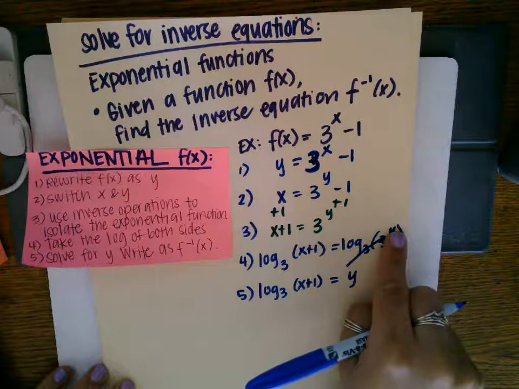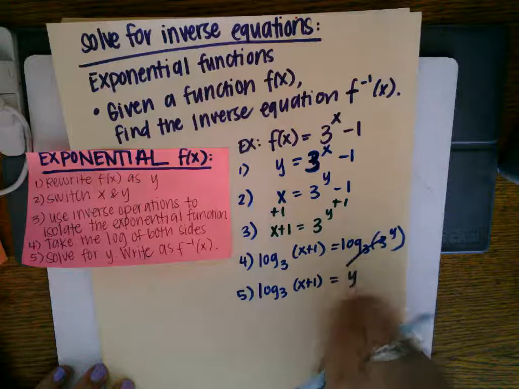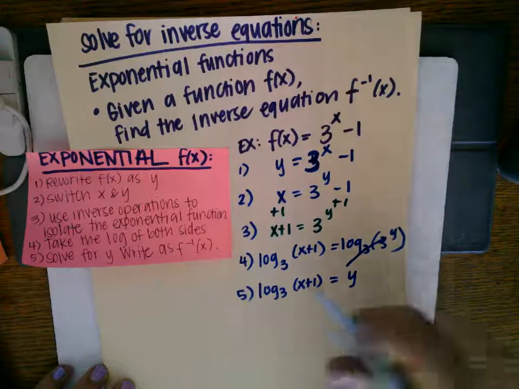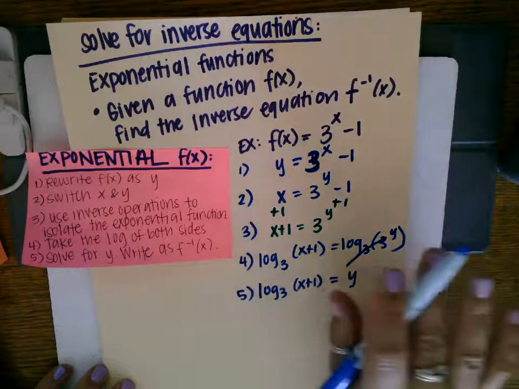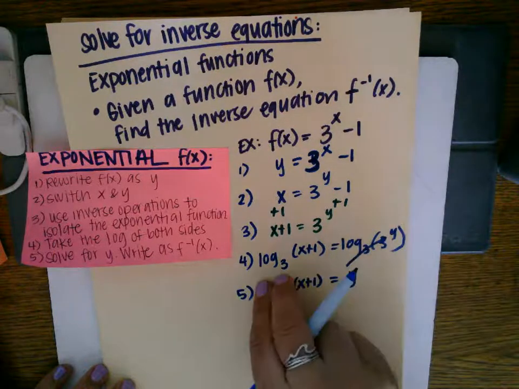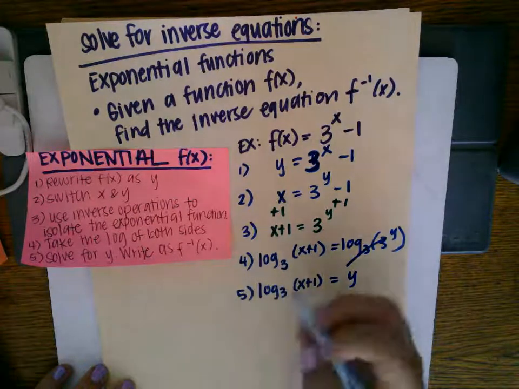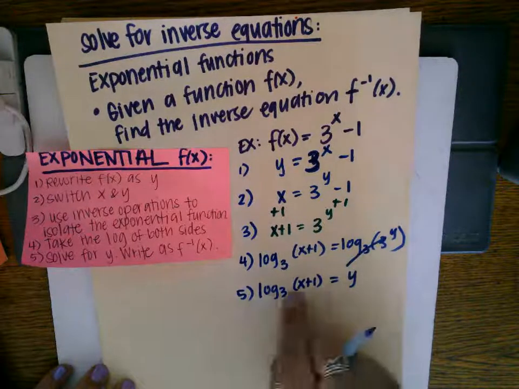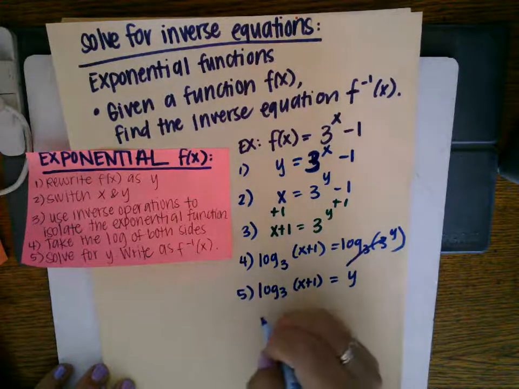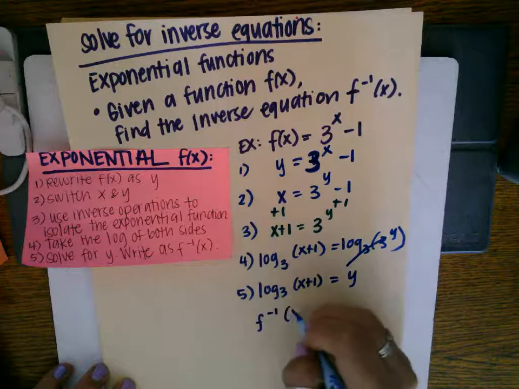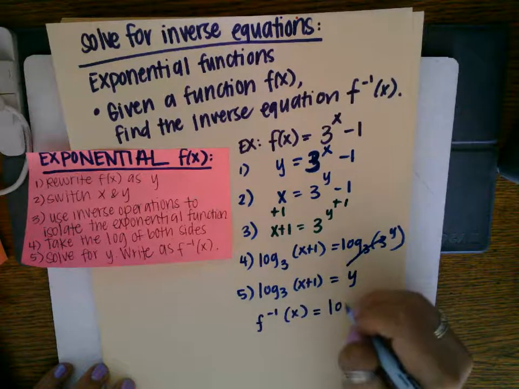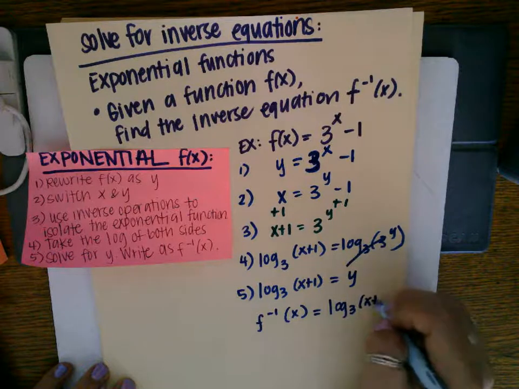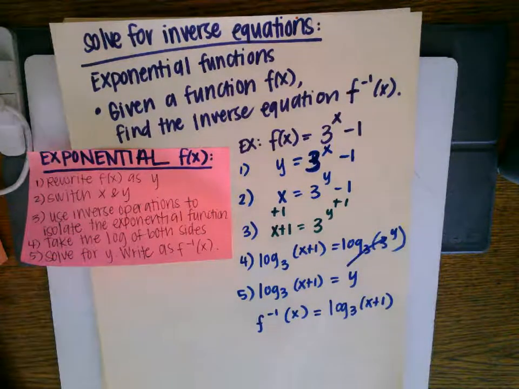If there were any other steps needed to solve for y, like subtracting or multiplying, I would do so. And lastly, we rewrite our function, instead of y equals log base 3 of x plus 1, using the appropriate notation: f inverse of x is equal to log base 3 of x plus 1. That wasn't too bad, right?